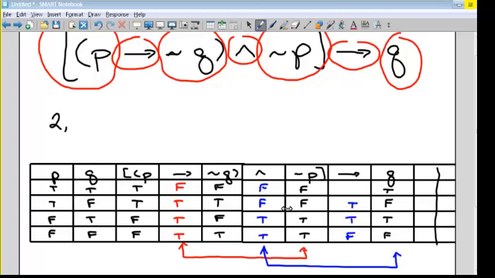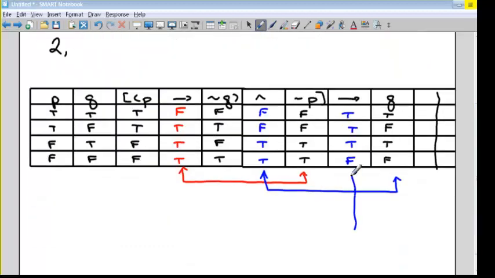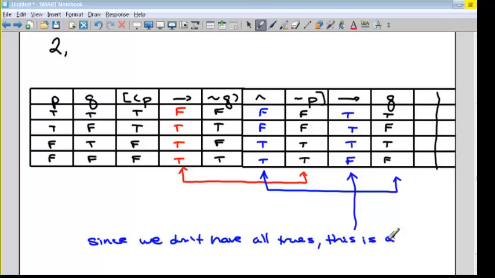That's true because they're both false. So this is the result. Now what we're looking for here is all trues. So since we don't have all trues, this is an invalid argument.